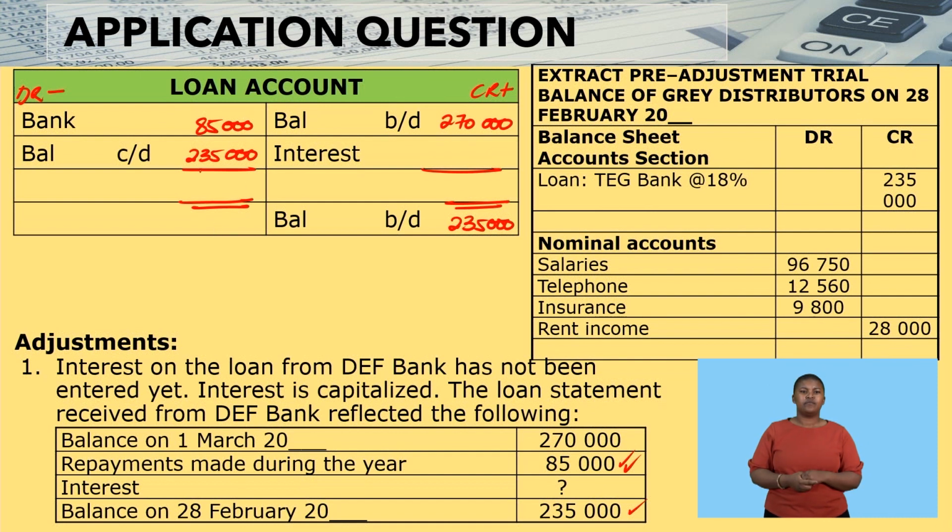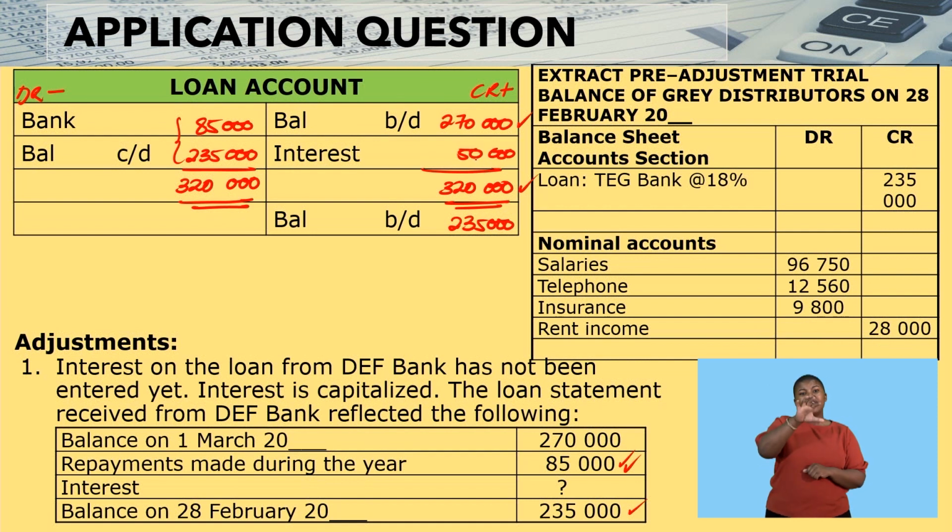Now, I need the interest. The side with the highest amount is the debit side. So I'm going to add these two amounts, 85 plus 235. That gives me 320,000. So here I have 320,000. Then I'll say 320,000 minus 270,000, and I end up with 50,000.